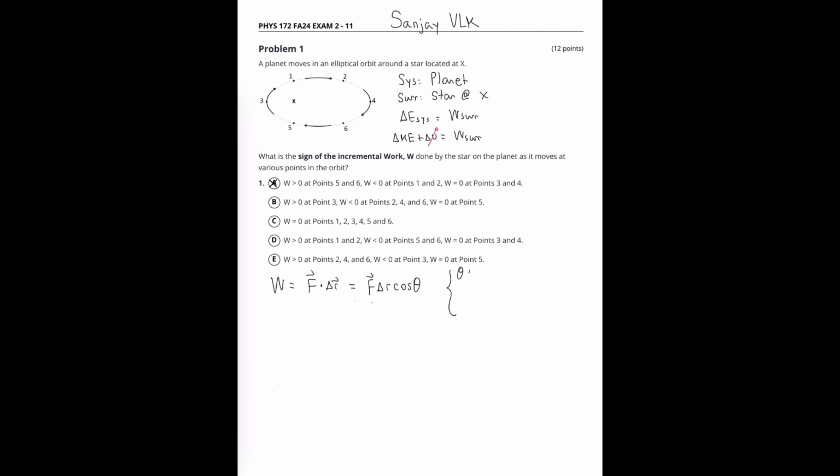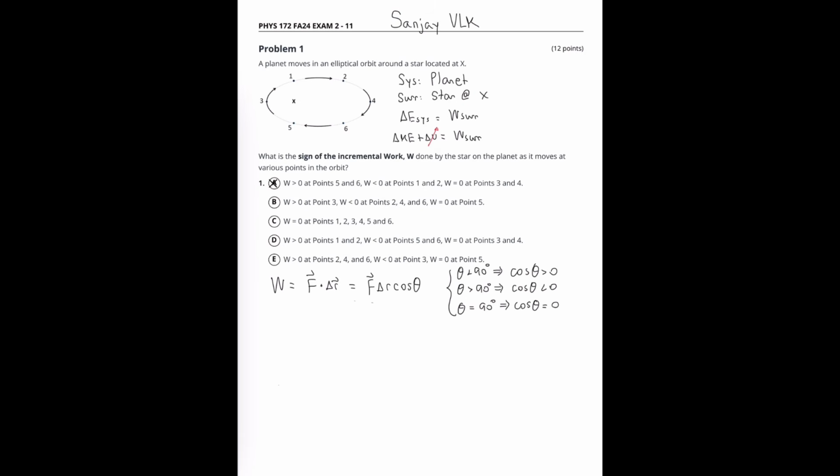If theta is less than 90 degrees, cosine theta is greater than 0. If theta is greater than 90 degrees, that means cosine theta is less than 0. And if theta is equal to 90 degrees exactly, then cosine theta, or cosine pi over 2, will be equal to 0.